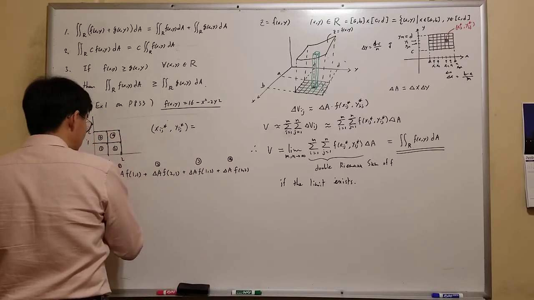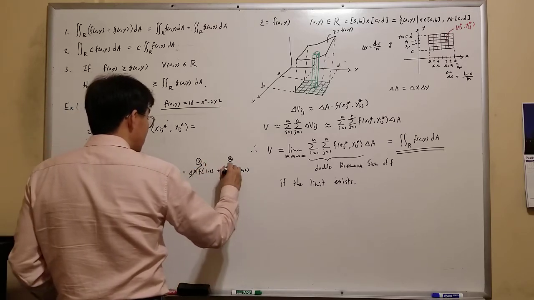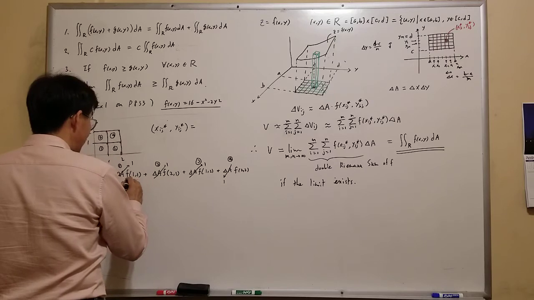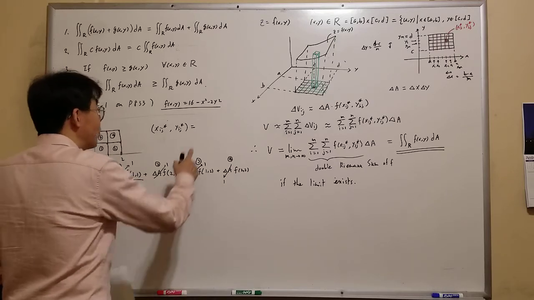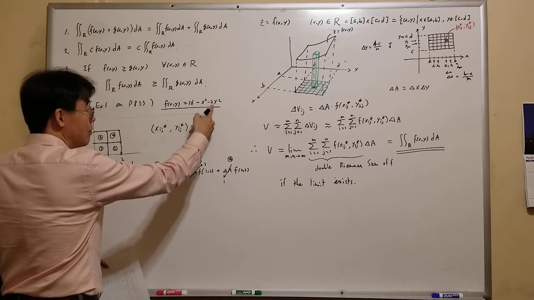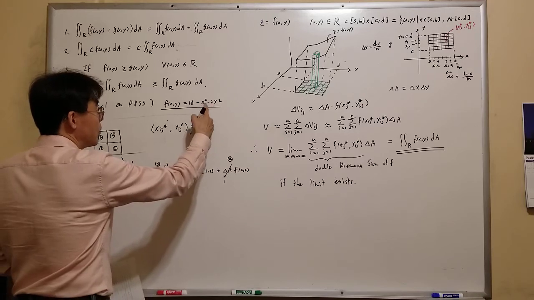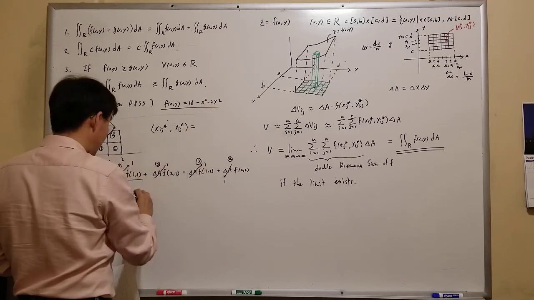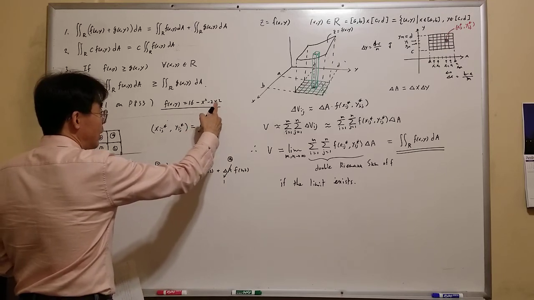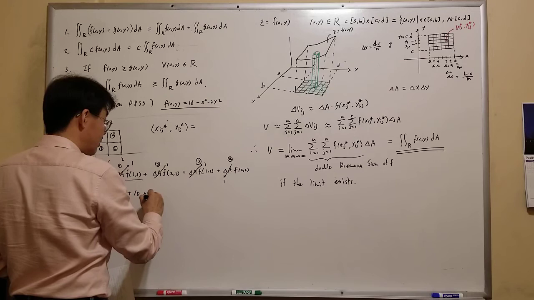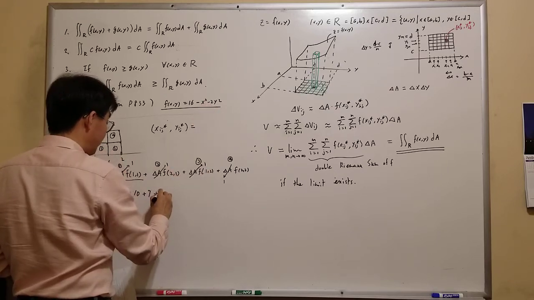Now, delta A is just 1. Everything is 1, right? So you just have to calculate f of 1, 1. What is f of 1, 1? Plug it in: 16 minus 1 minus 2, that is 13. f of 2, 1 is 16 minus 4 minus 2, so 10. f of 1, 2 is 16 minus 1 minus 8, so 7. f of 2, 2 is 16 minus 4 minus 8, which is 4.